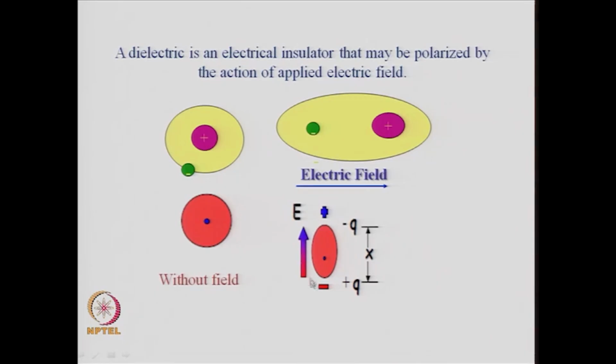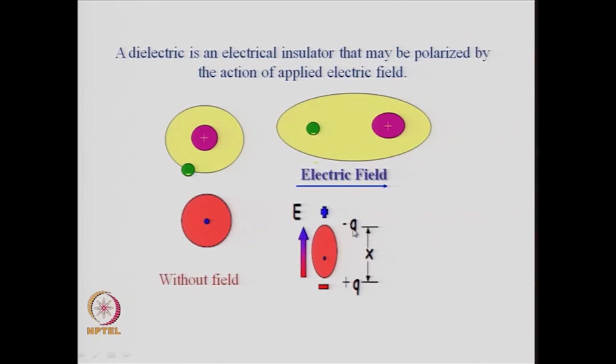When you apply a field in this direction, there is a charge separation, and you can calculate a dipole moment, which is the product of the charge and the distance by which the charges are separated. If the charge separation is x and the amount of charge is q, then the product q and x gives rise to the dipole moment.